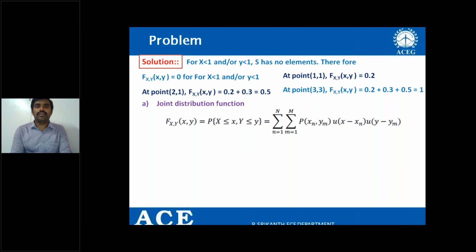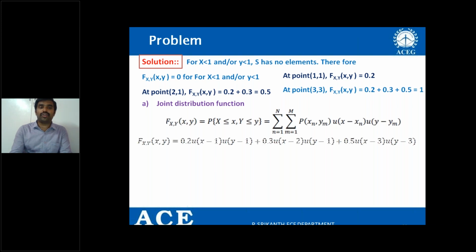I am substituting n equal to 1 to N, in the sense for x the values are 1, 2, 3. For y only 1 and 3. I am substituting them. Therefore, first one is P(1, 1) into u(x minus 1) into u(y minus 1). Therefore, 0.2 into u(x minus 1) into u(y minus 1). Similarly, plus P(2, 1) is 0.3.